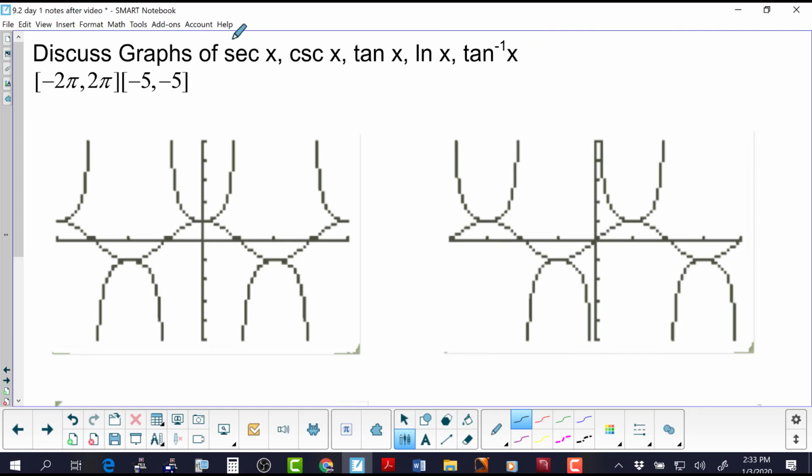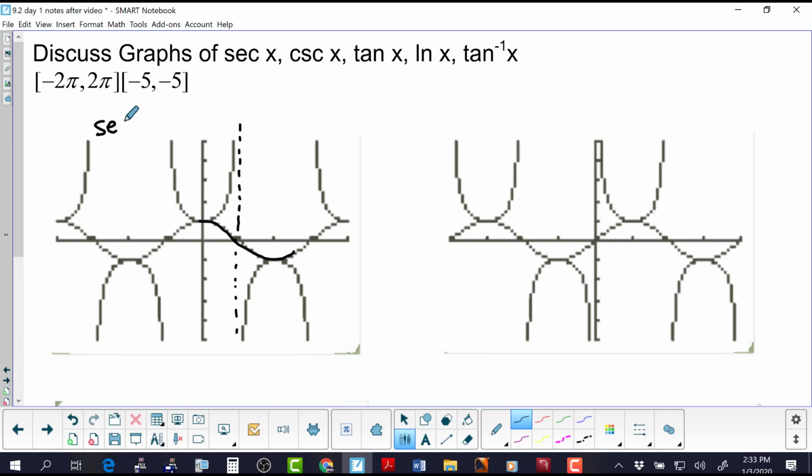I want to discuss the graph of secant of x, cosine of x, tangent, natural log, and inverse tangent. If this is sine, then this must be, actually this is cosine. Anywhere cosine is 0, we're going to have a vertical asymptote.